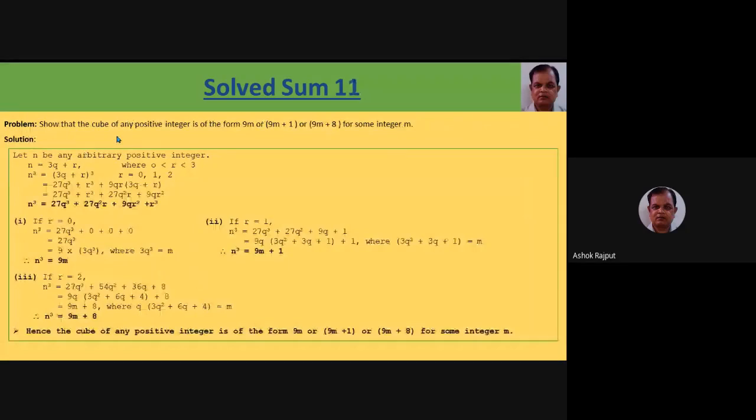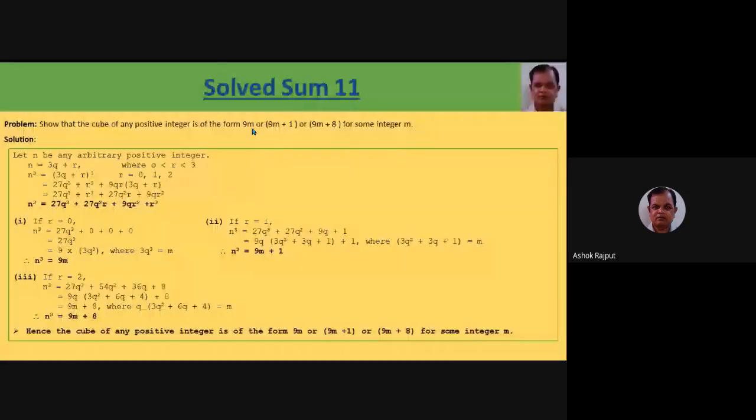Prove that the cube of any positive integer is of the form 9m, 9m plus 1, or 9m plus 8 for some integer m. It means the value of m may be different, but the factor of multiple of m is the same everywhere.